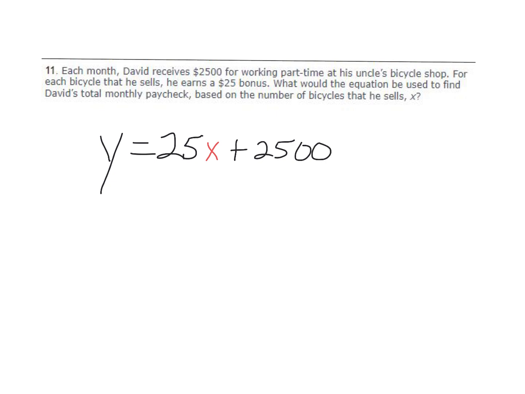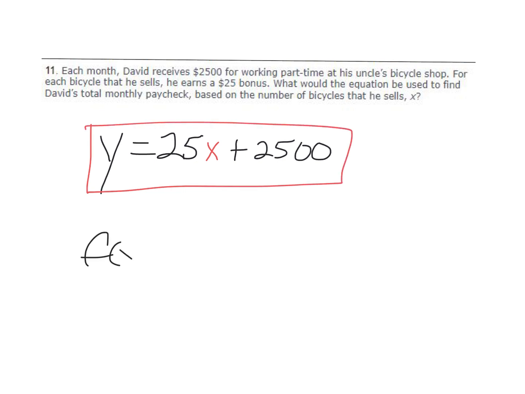So that is an equation. And it may be in function form. You could see it as f of x equals, same thing, 25x plus 2,500. It's a function or an equation that represents his monthly pay.